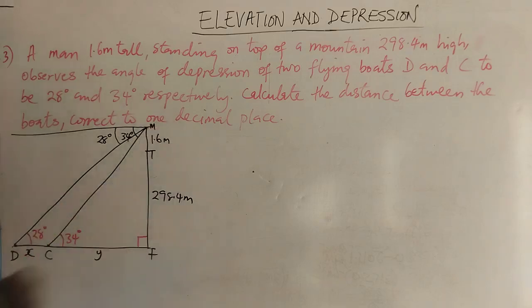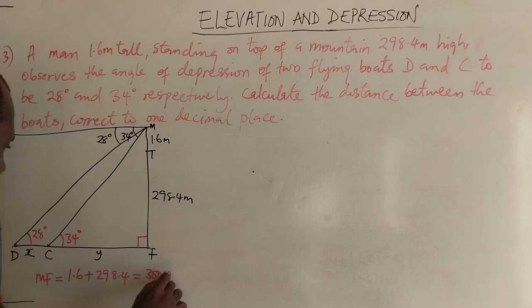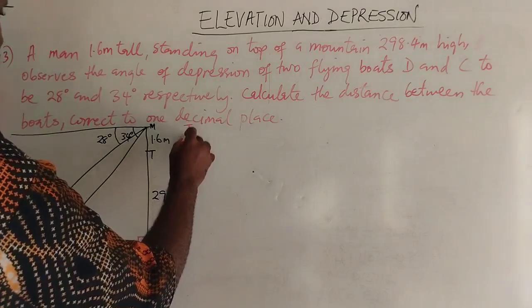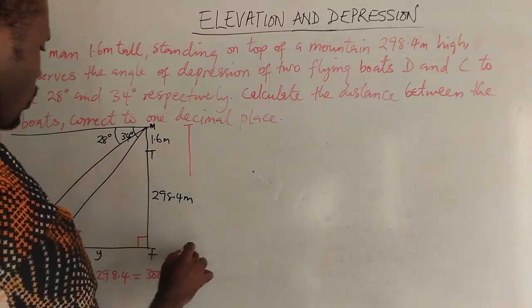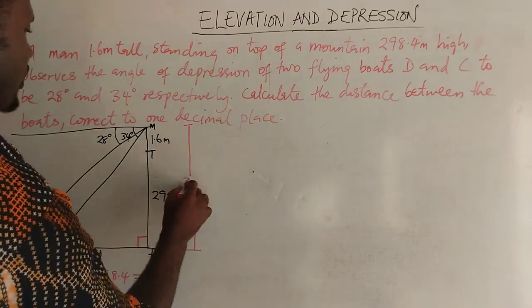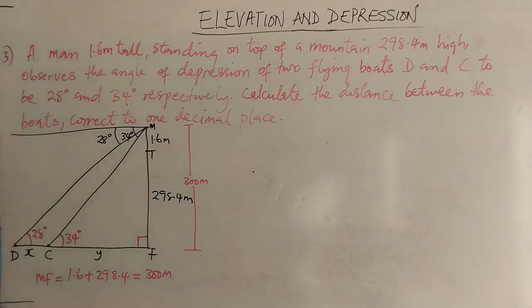So MF is equals to 1.6 plus 298.4. That will give you 300 meters. So what it means is that from the height from that man till the foot of the mountain, we have 300 meters. That's the complete height.